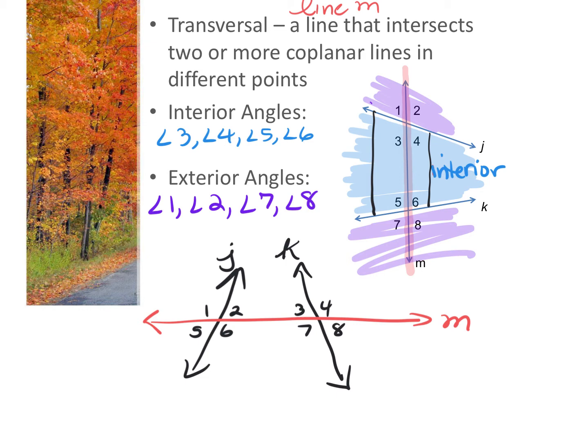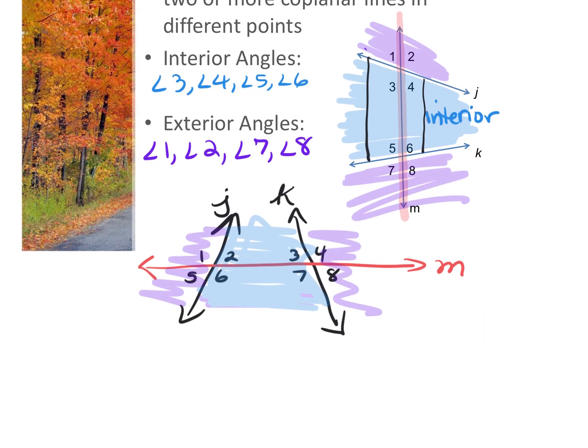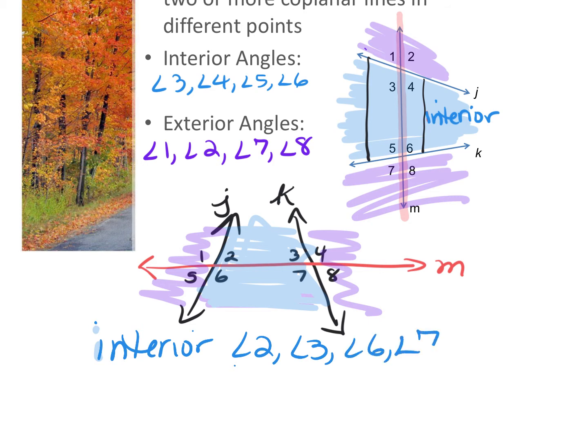So now my interior section of this is going to be right here. My exterior will be the purple, and we can list them. So interior in this picture are going to be angles 2, 3, 6, and 7.